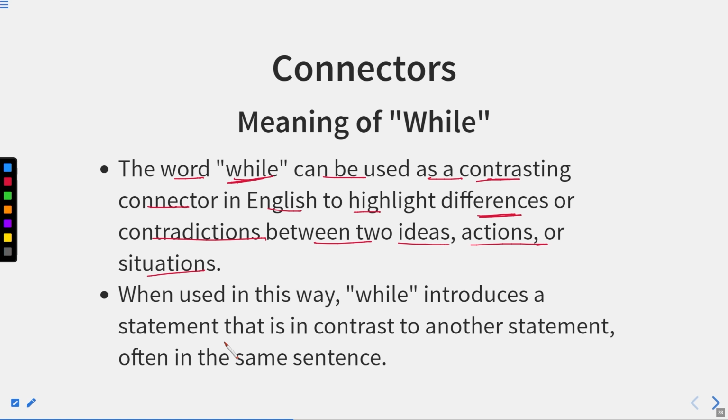It highlights the difference or contradictions between two ideas or situations or actions. Suppose there are two actions or two situations, and we are showing the contradictions between the two. This can be done with the help of while. When used in this way, while introduces a statement that is in contrast to another statement, often in the same sentence.